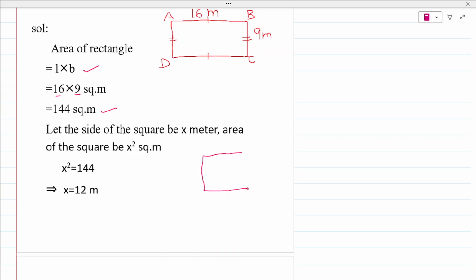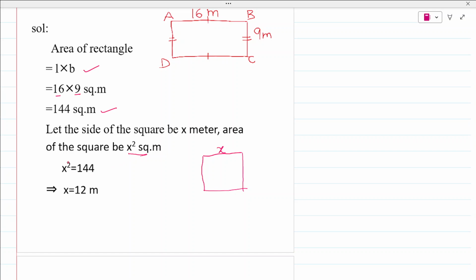All the sides of a square are equal, so let this be the square, and I have assumed x is the length of a side. So all the sides are of length x meters. The area of the square is side into side, that is x square meter.